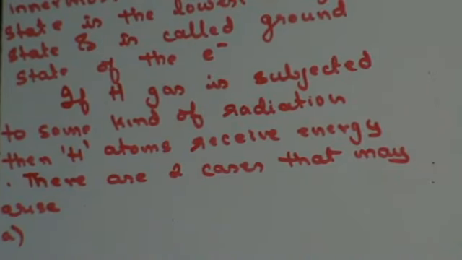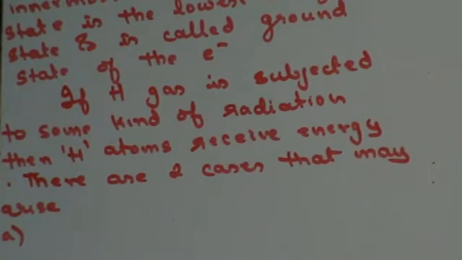Suppose if the energy that is given to hydrogen atom is greater than 13.6 electron volts, which is called as the ionization potential. We had seen in the previous lecture that the energy possessed by an electron in any orbit is 13.6 upon n square, right?